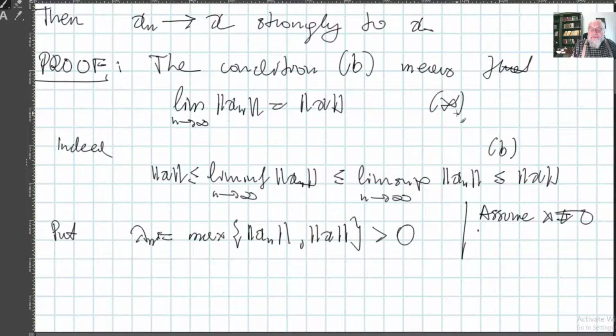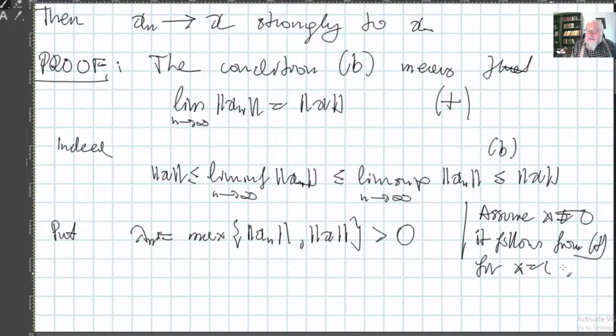Otherwise the statement follows immediately, because this condition, I call it cross, follows from the cross for x equals 0, so it will be from this formula. So assume that x is not equal to 0, so clearly lambda n is positive, and then we can define the sequence yn.